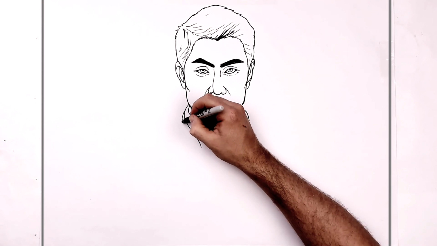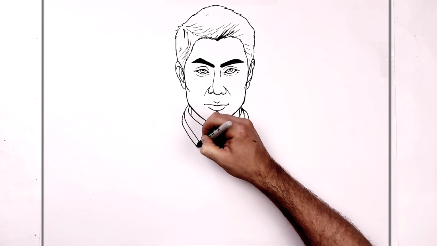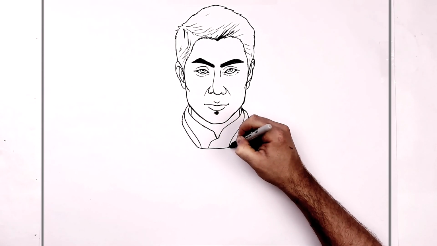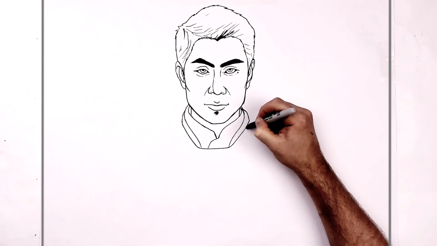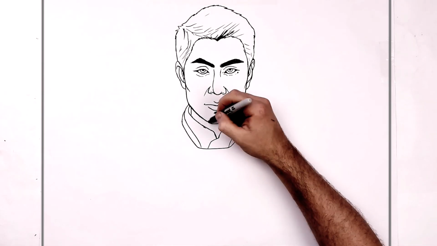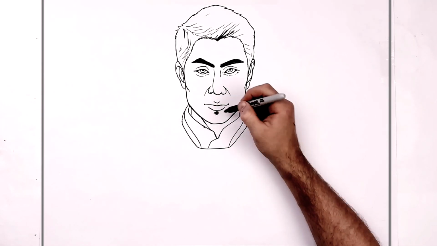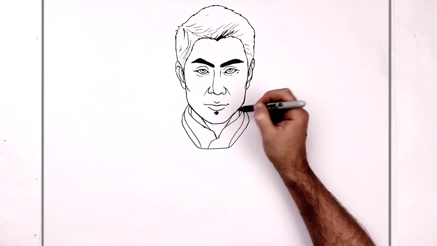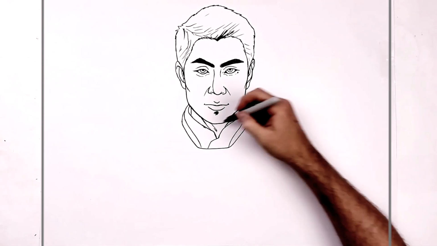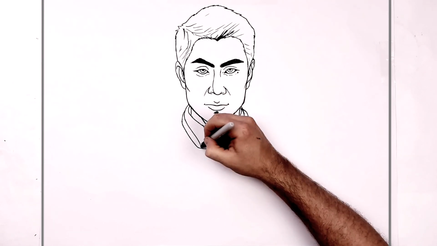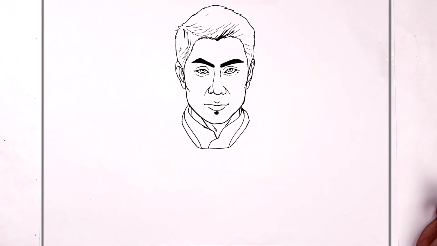And then we go in, across, and up. You could have some neck muscle lines just in here. Maybe like an Adam's apple or something. Like so.